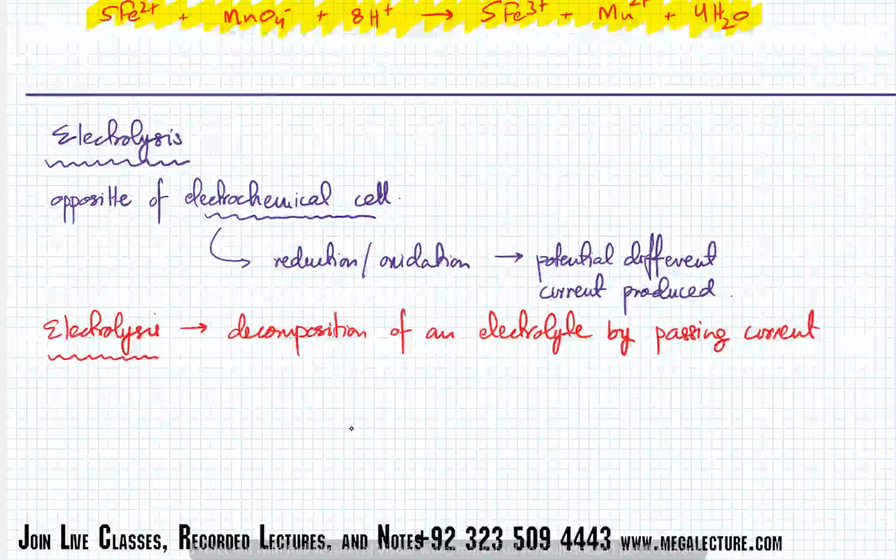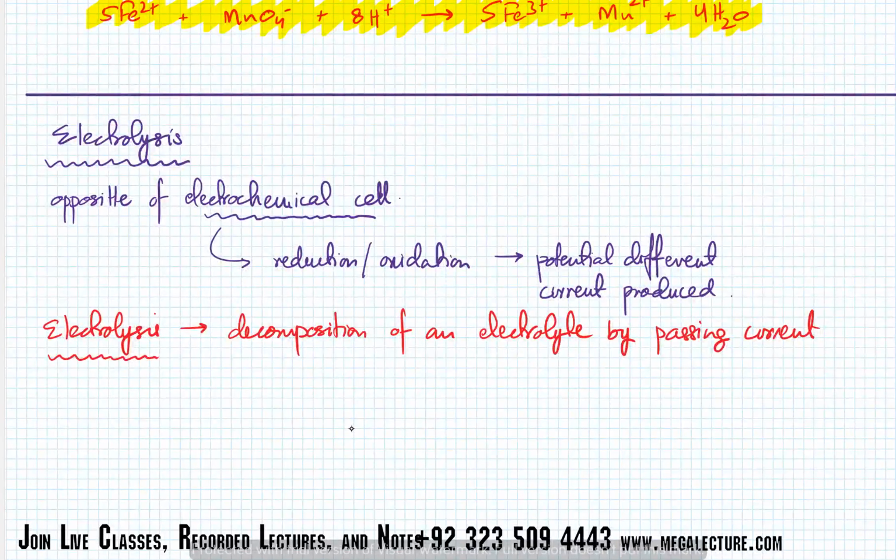That's by passing current. So how is electrolysis different from an electrochemical cell? In electrolysis, you already have a battery. You use an external battery. That battery creates a potential difference.